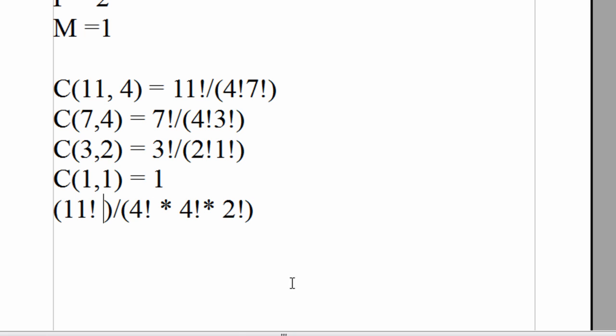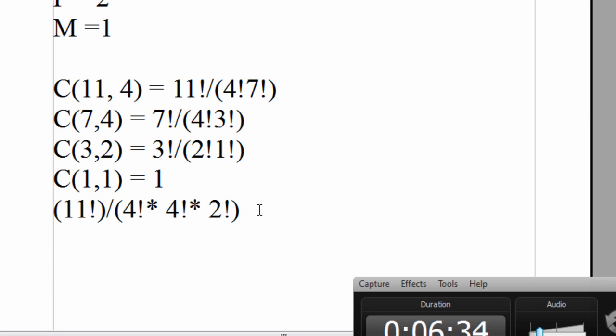And we now are left with 11 factorial over 4 factorial times 4 factorial times 2 factorial. So taking 11 factorial divided by 4 factorial times 4 factorial times 2 factorial, we get 34,650 different permutations of the letters within the word Mississippi.